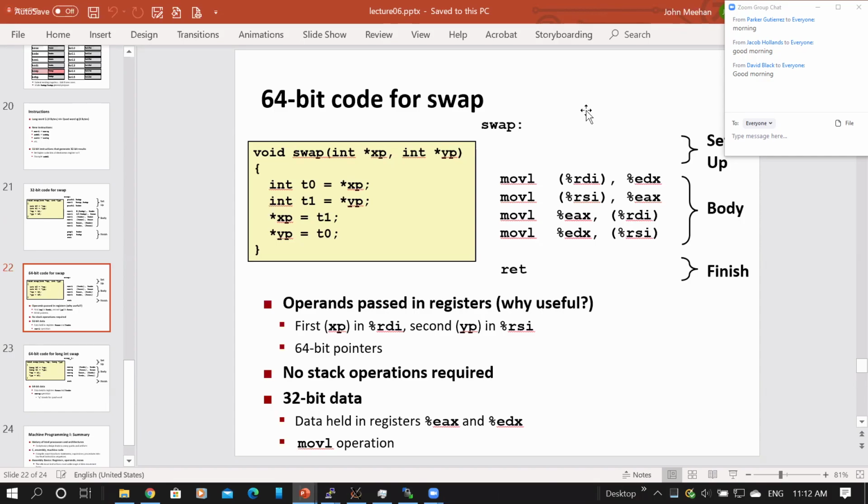So we have a different set of conventions that we use to set up the call to the subroutine for the 64-bit machine using the registers to pass the parameters. We have 6 registers that we use to pass those 6 parameters. If you have more than 6 parameters, then you'd have to pass them through the stack, right?